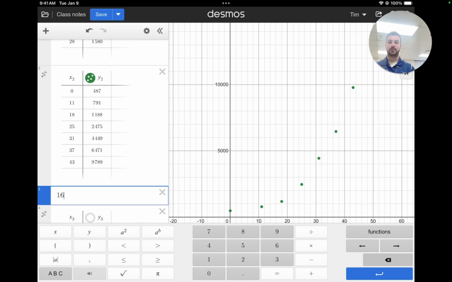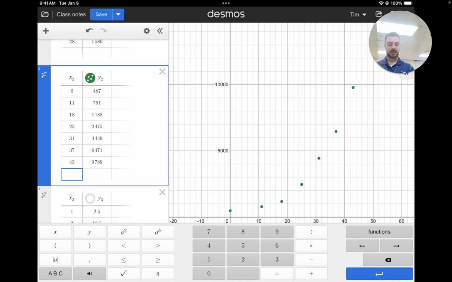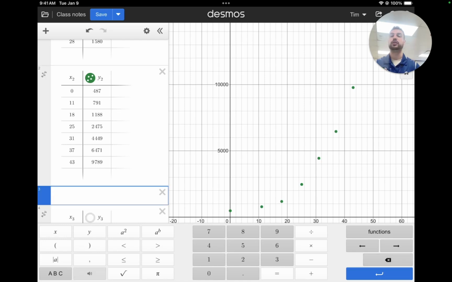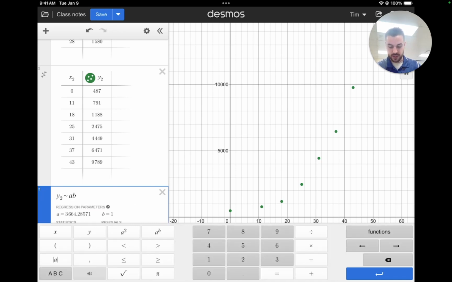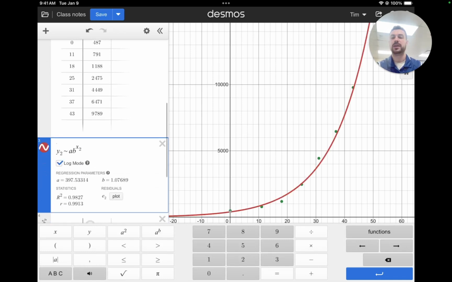However, what I want to show you is our equation for the regression is going to be a little bit different for this problem. The only reason is because if you look at our table, we start with the x2 values and the y2 values. So my equation is going to be y2 tilde a times b to the x2 power. Again, the equation is essentially the same. I'm just saying get your values from the x2 column and the y2 column.